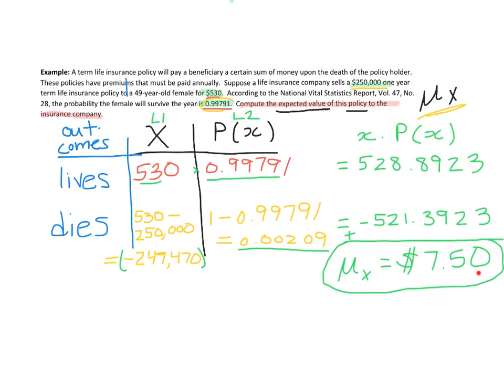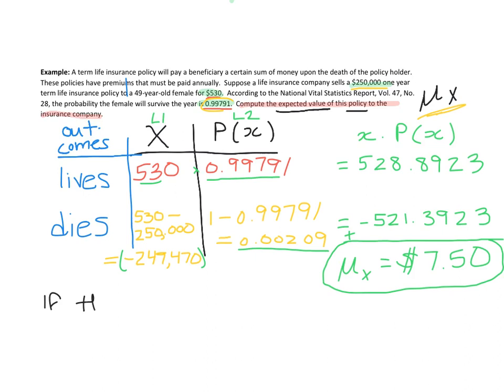And so overall, for all those thousands of women, on average, they're going to make $7.50 on each woman, right? And then times that by 1,000, and now you're looking at a nice profit, right? Okay, so let's write that out.